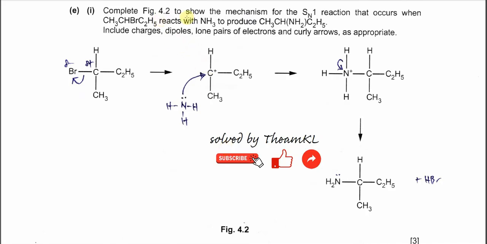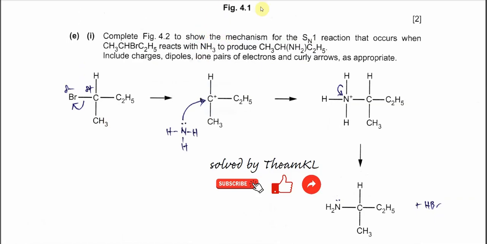Complete figure 4.2 to show the mechanism for the SN1 reaction that occurs when this halogenoalkane reacts with the ammonia to produce these products. Include the charged dipole, lone pair of electrons, and the curly arrows. So first, we need to follow the question, because it is already mentioned as SN1.